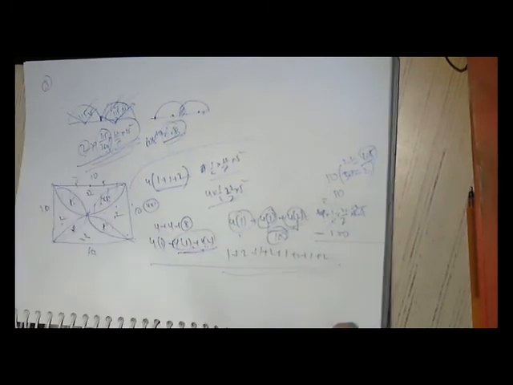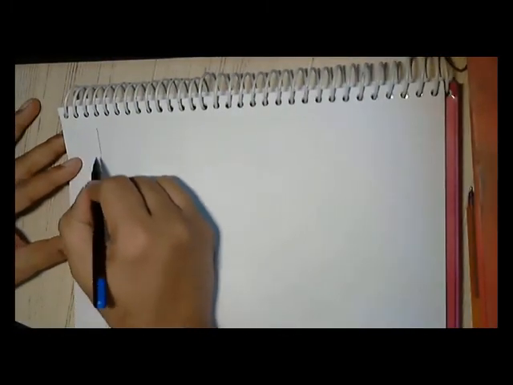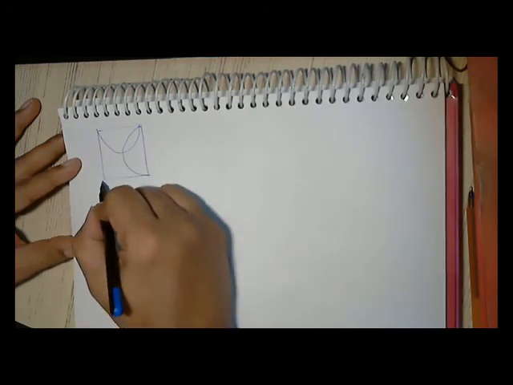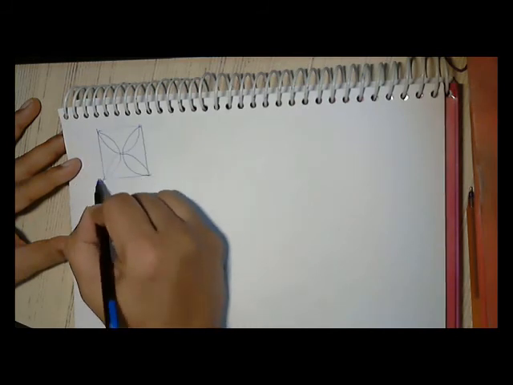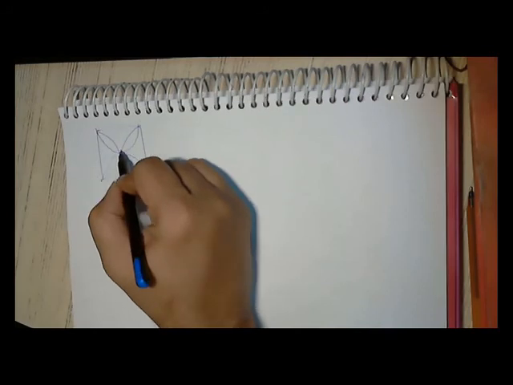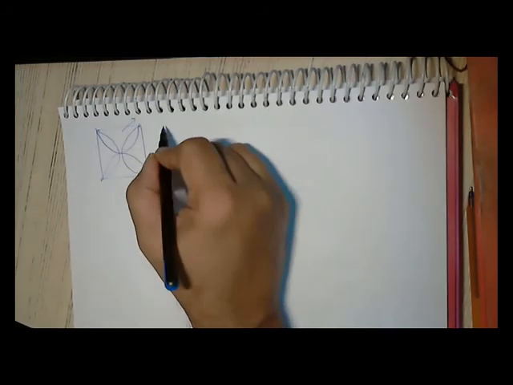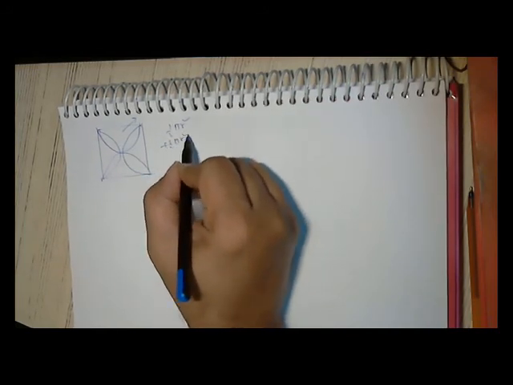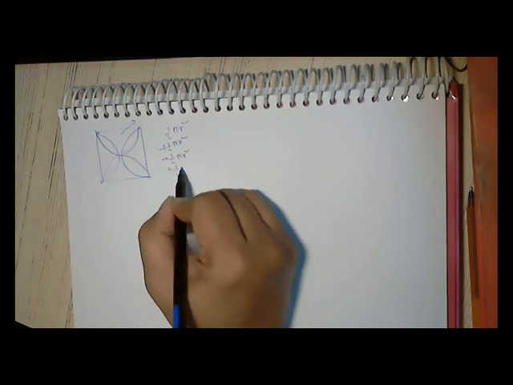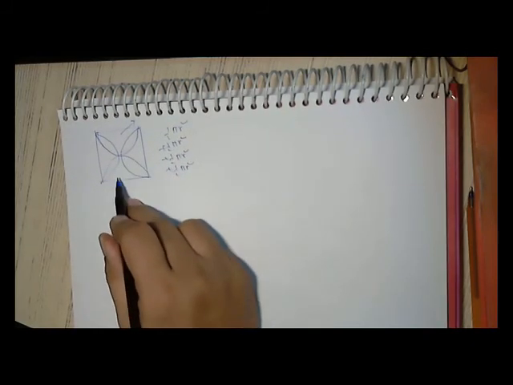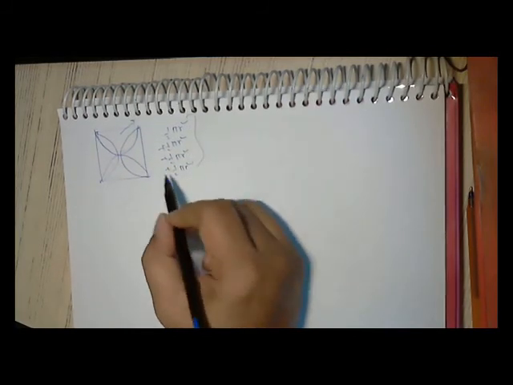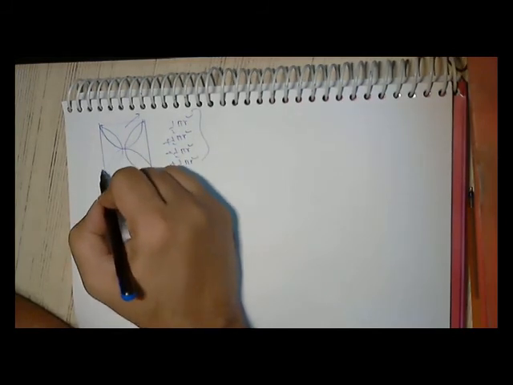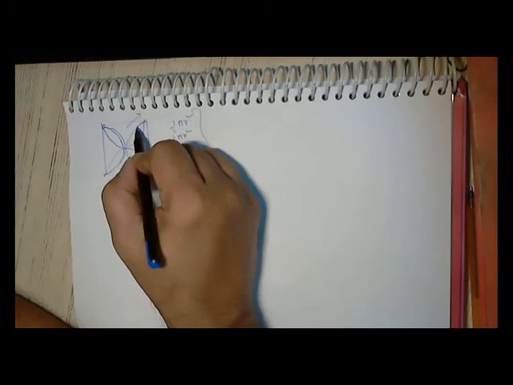We'll do another method. Let us say, what is the area of the semicircle? It is half pi r square plus this half pi r square, 4 semicircles. Now, what is the area when adding all 4 semicircles?